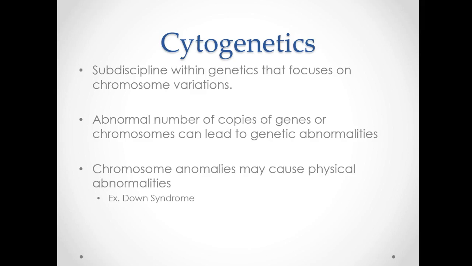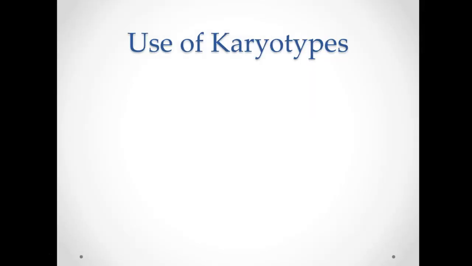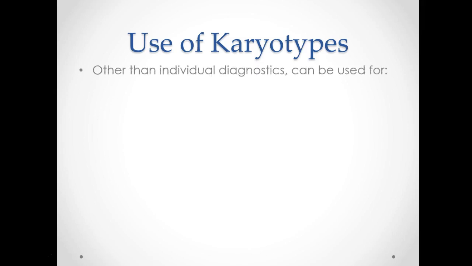For example, Down syndrome. That's having an extra chromosome number 21. There are a whole host of associated symptoms when it comes to Down syndrome, so physical syndromes associated with that. But sometimes you will have slight abnormalities in chromosomes, and it doesn't present anything that is very obvious. It can be hard or difficult to diagnose, for example, and that's where karyotypes can be used for lots of other things.